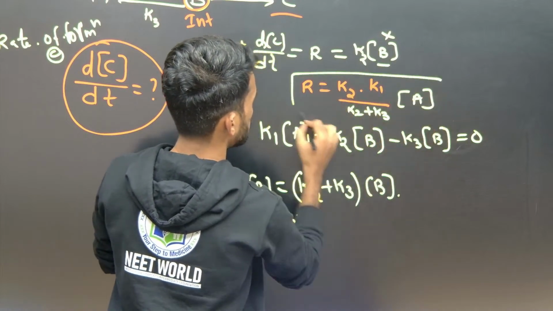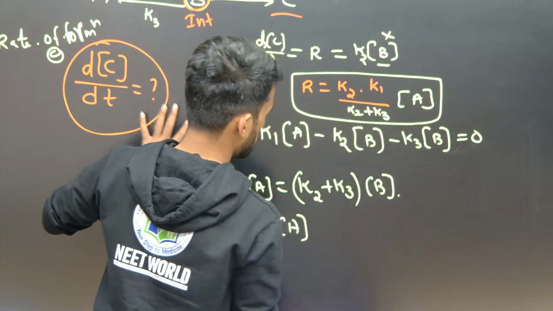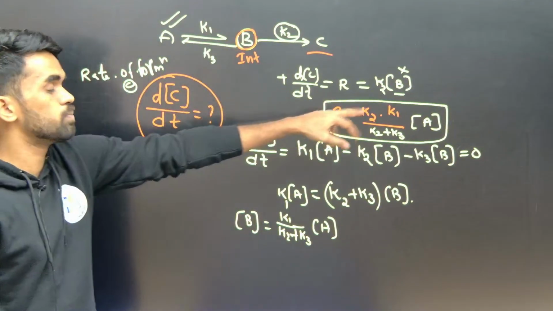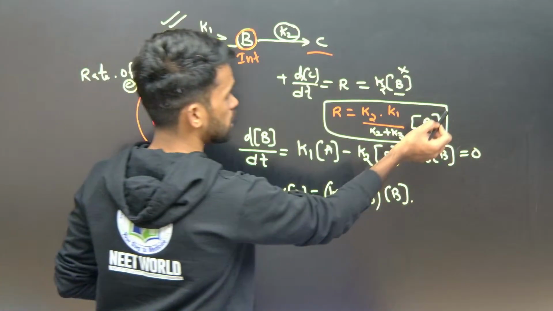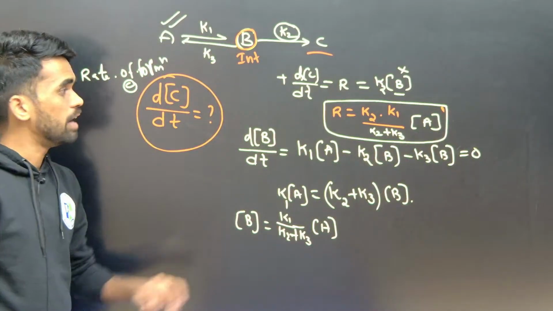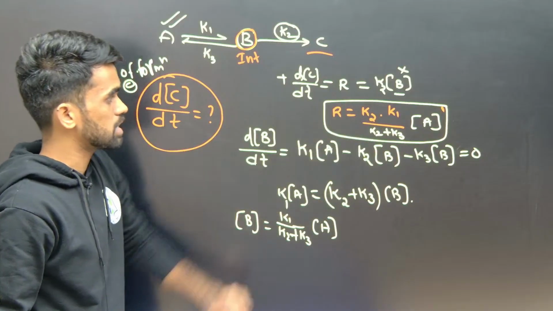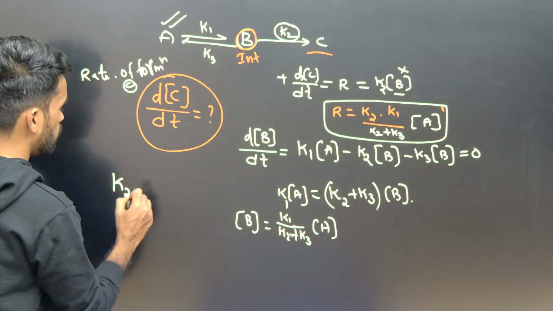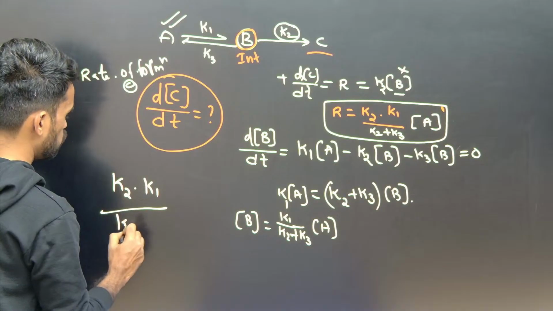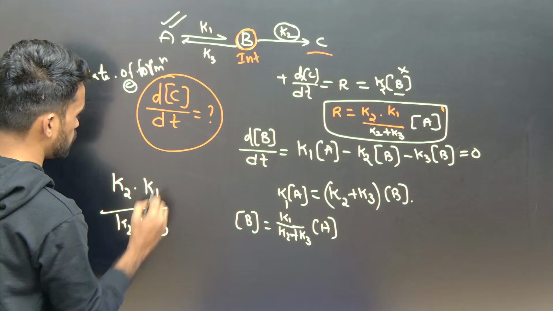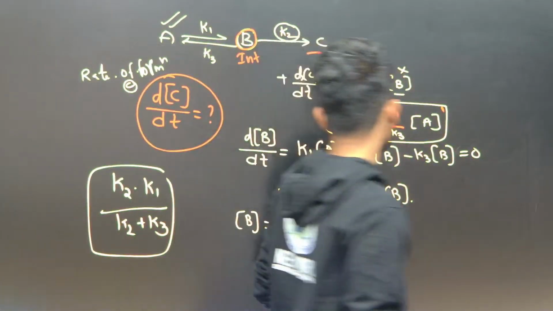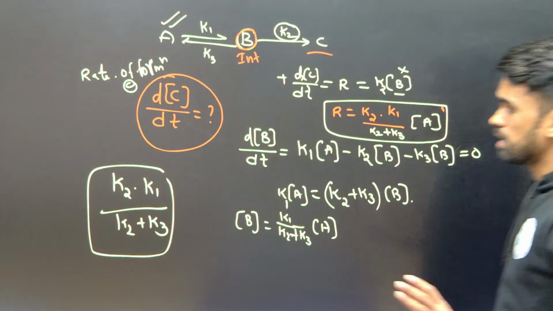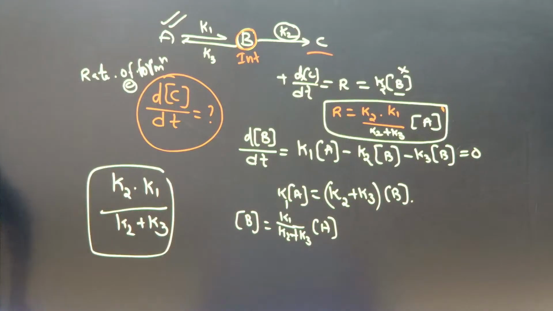This is the overall rate law of this particular reaction. The rate of formation of C should be indicated in this manner. I hope it is clear. Now what is the order with respect to A? It will be 1, and its rate constant will be given like this: K2 K1 by K2 plus K3. This is the rate constant of that particular reaction, or rather the rate of formation. Hope everything we discussed here is clear.